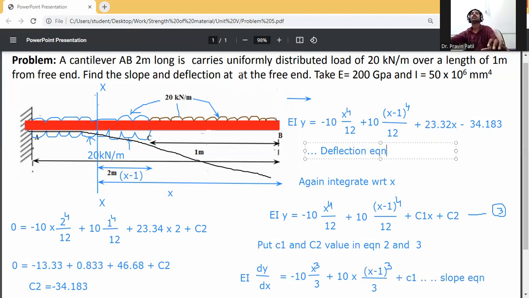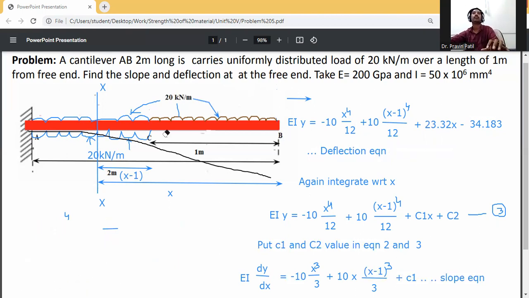Okay, deflection equation. So now we need to calculate slope and deflection at free end.